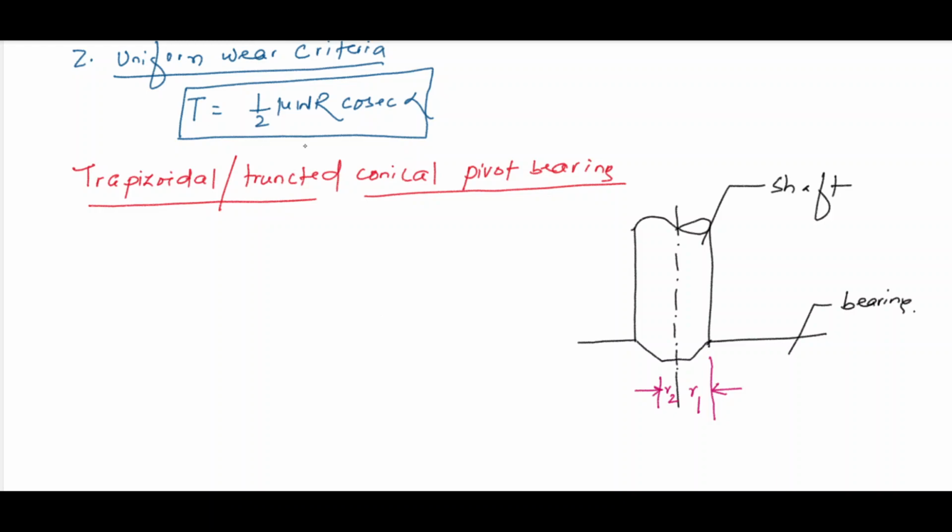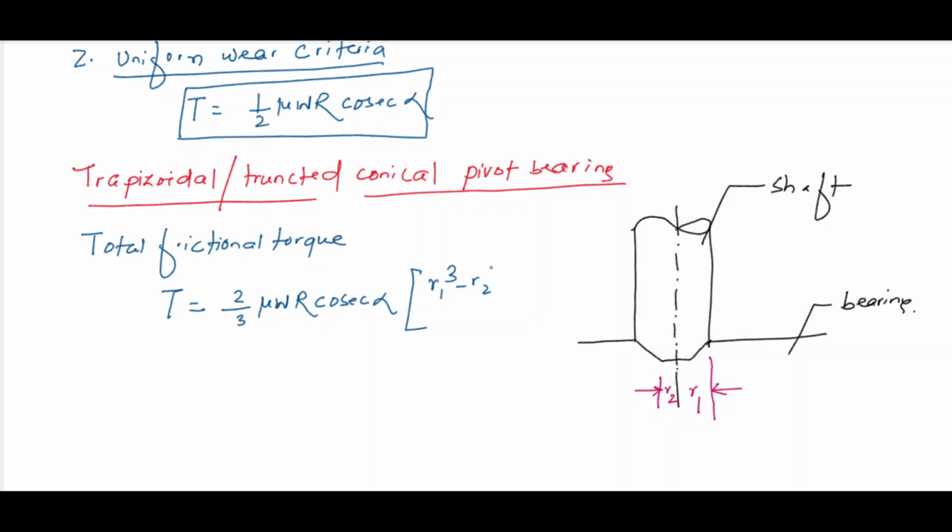So you can write, in this case the total frictional torque T is 2 by 3 mu W R cosec alpha into, you'll add a term, R1 cube minus R2 cube divided by R1 square minus R2 square. So remember this formula.